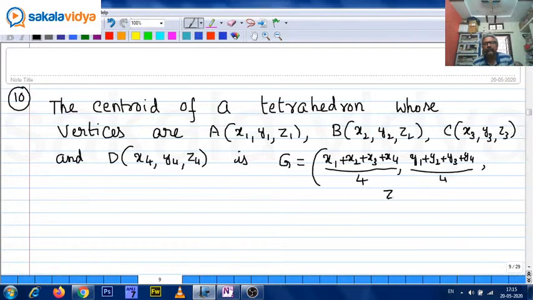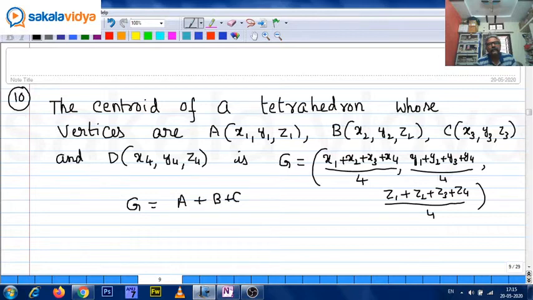And next z1 plus z2 plus z3 plus z4 by 4. Or we can write it like this: G equals A plus B plus C plus D by 4. So we can write A plus B plus C plus D equals 4G.